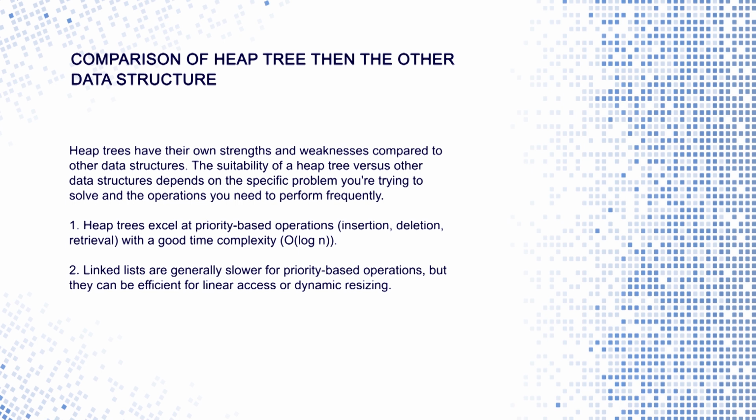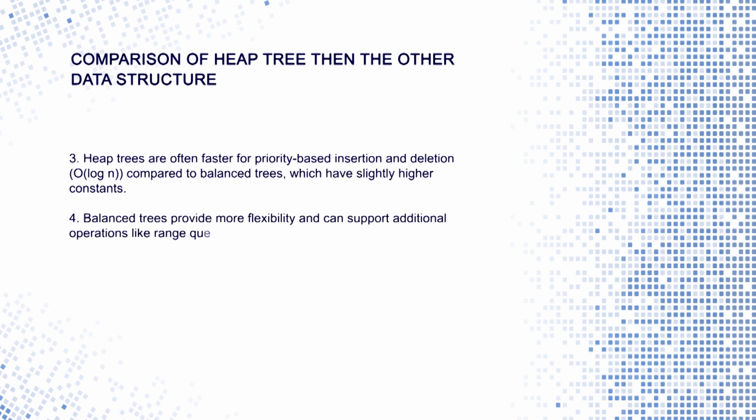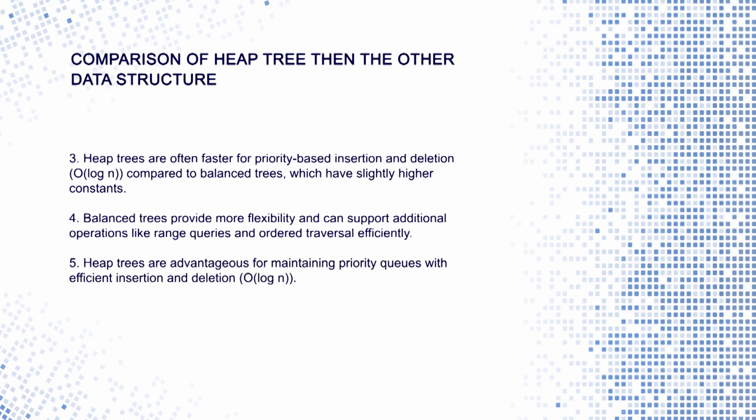Linked lists are generally slower for priority based operations, but they can be efficient for linear access or dynamic resizing. Heap trees are often faster for priority based insertion and deletion, that is order log n, compared to balanced trees, which have slightly higher constants. Balanced trees provide more flexibility and can support additional operations like range queries and ordered traversal efficiently.